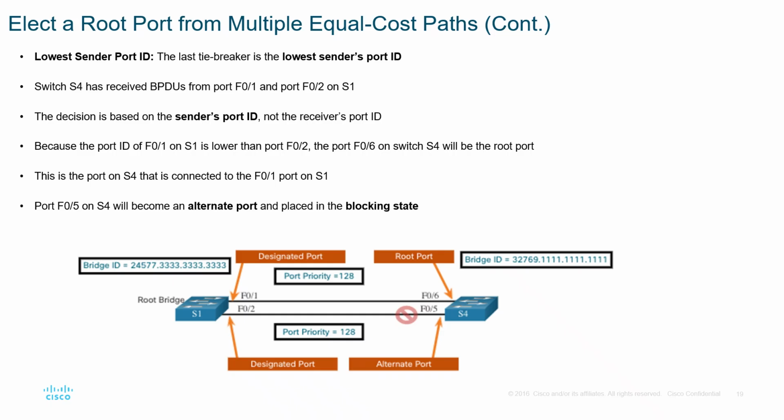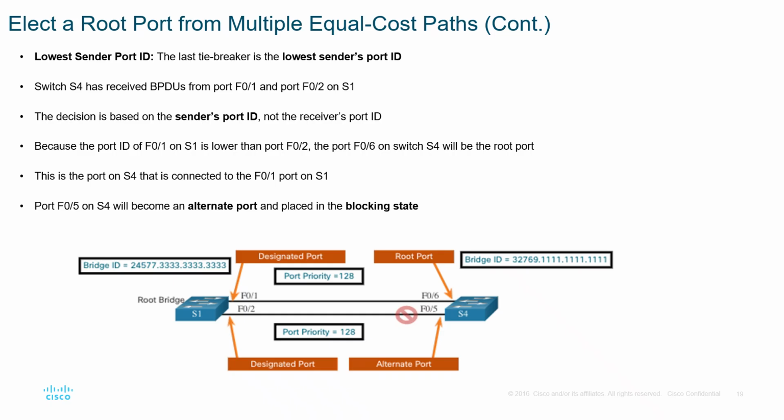The decision is based on the sender's port ID, not the receiver's ID. So because the port ID of F01 on S1 is lower than F02, the port F06 that is attached to F01 will become the root.